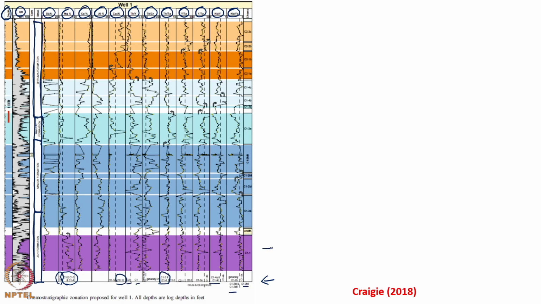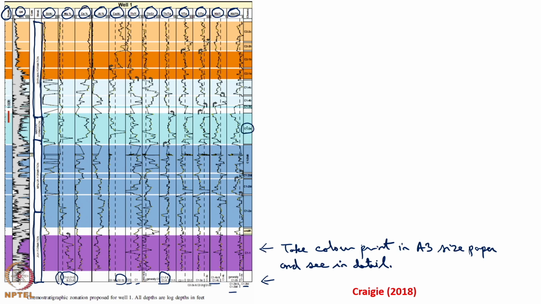I would request students that when the TAs provide you the slides, you take a color print on A3 size paper and see in detail. The C1-3A unit is interesting. Here it shows that the Nb by Yb ratio falls. The same fall is observed for Nb by Y ratio. In case of Y by Ta, there is a fall.